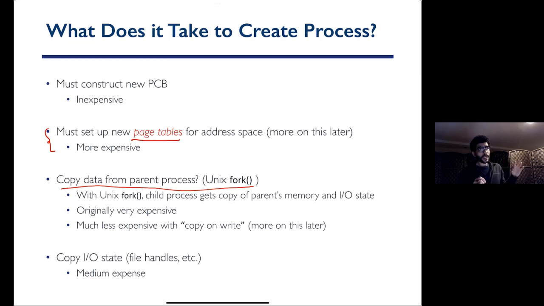Now, a naive implementation is for the operating system to copy all this data into a separate location in physical memory and assign that to this newly created process, to create two copies. This would be super expensive because you're going to go to memory and copy a lot of stuff, and that's expensive. Usually operating systems don't do this.